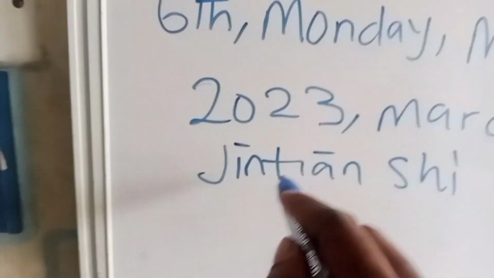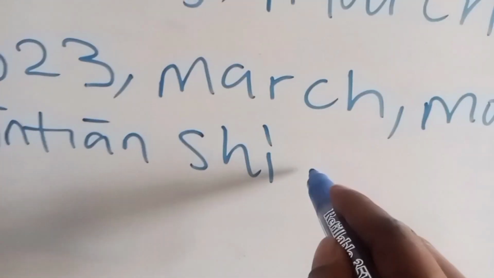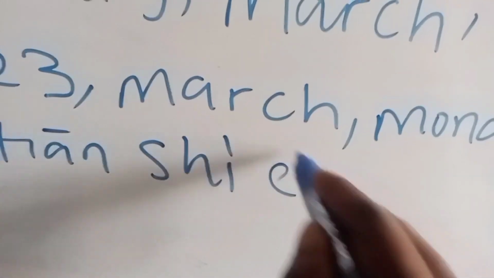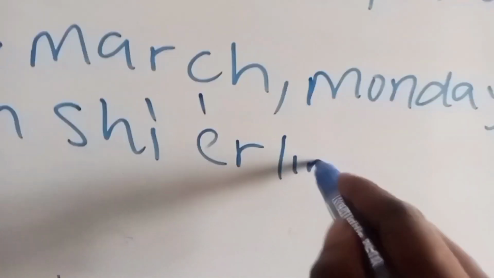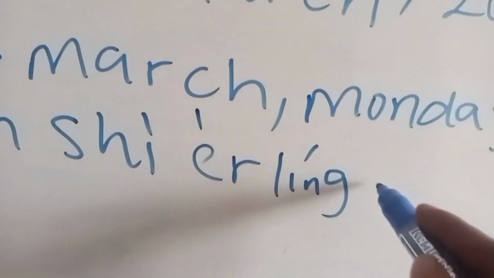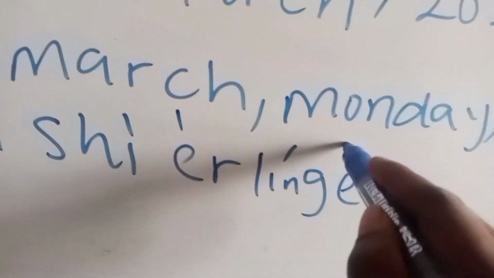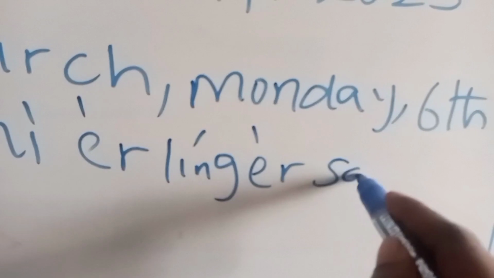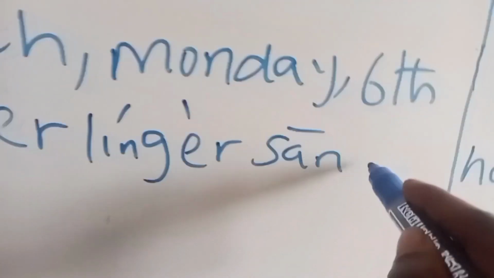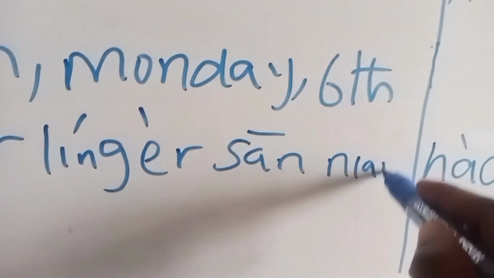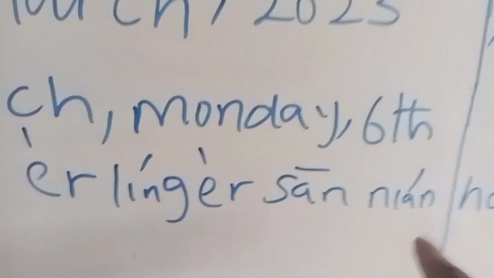So what you will say is 今天是2023年. You put nian. This nian means year.